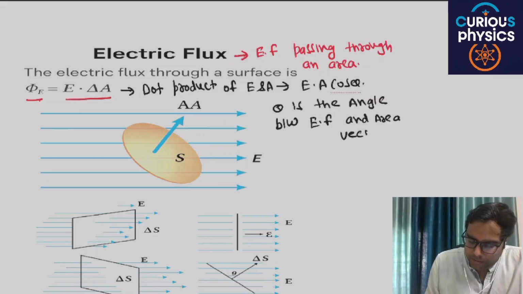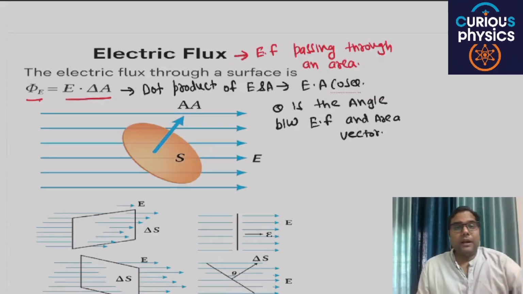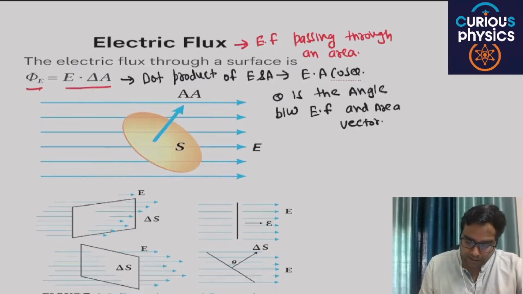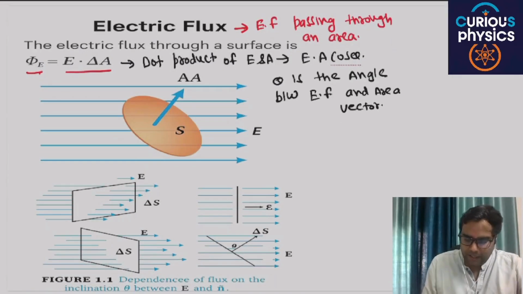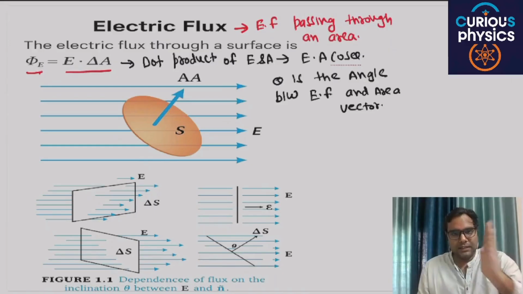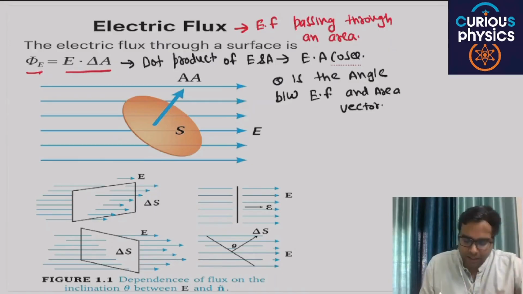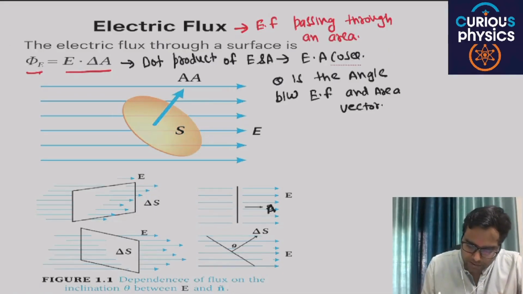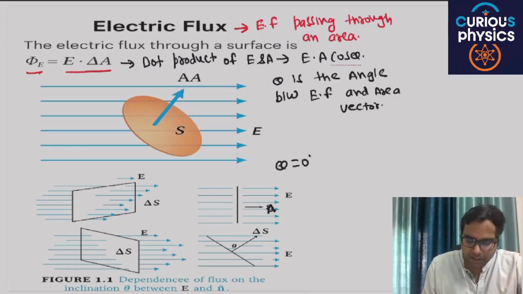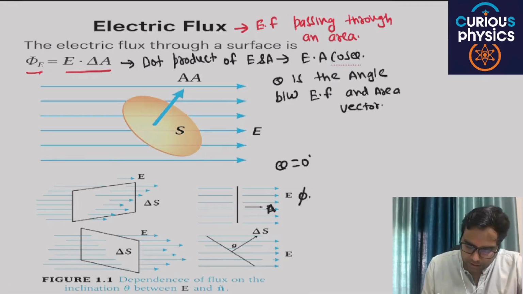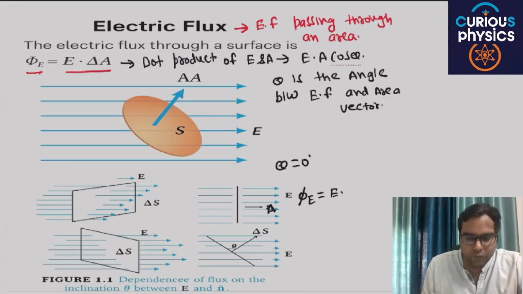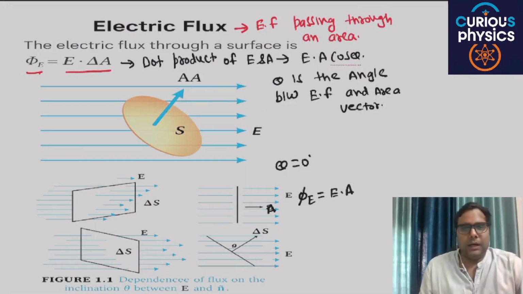And as in the previous section, the area vector is always perpendicular to the surface. Here is an example: the electric field direction is outward, and if this is the surface, then the area vector is perpendicular to the surface. So here theta is 0, and in this case the electric flux will be EA cos 0, which is 1, so E into A. Are you getting my point?